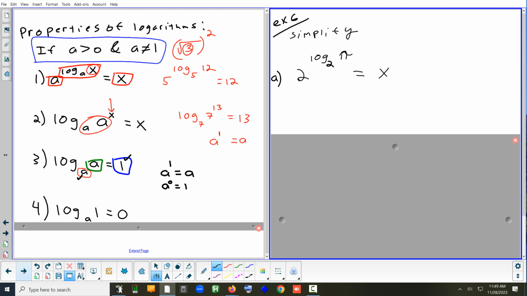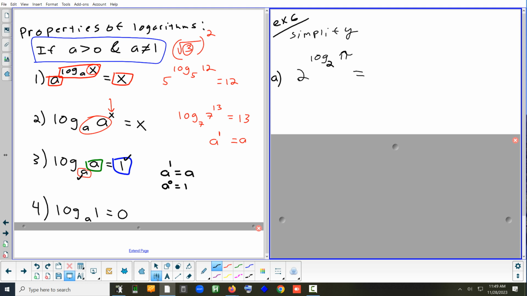Fine, so let's try one. The first thing is try to look at your problem and match it up to one of the properties. So that's 2 to the log base 2 of pi. Which property does that one look like? Number 1. Yeah, that's the first property. We're just letting a be 2, and we're changing x to pi. All right, so based on property 1, what do you get when you simplify that?